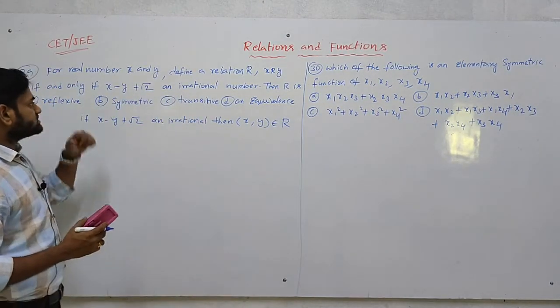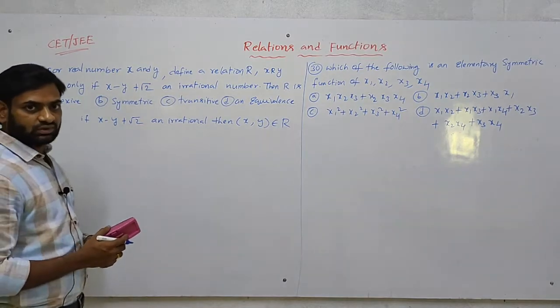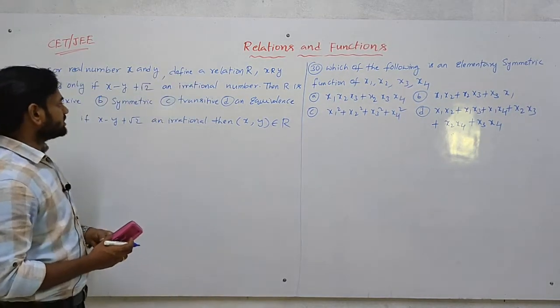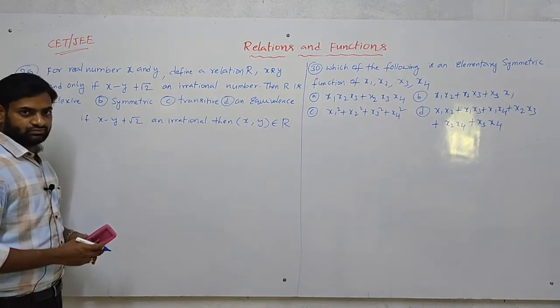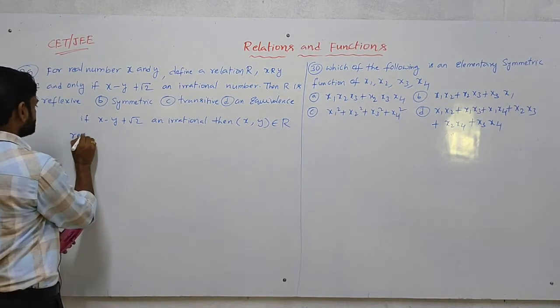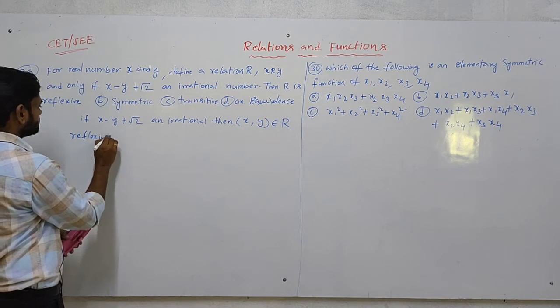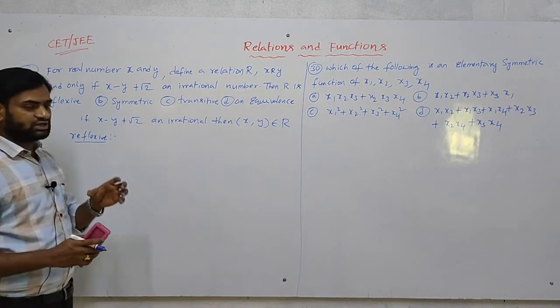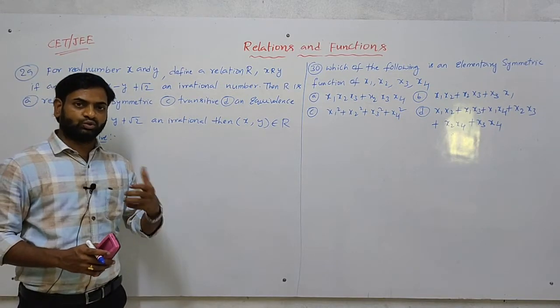Now what can you say about this relation? Reflexive, symmetric and transitive. See here, first I am checking reflexive. For reflexive I will take 1 comma 1, 2 comma 2 like that only.